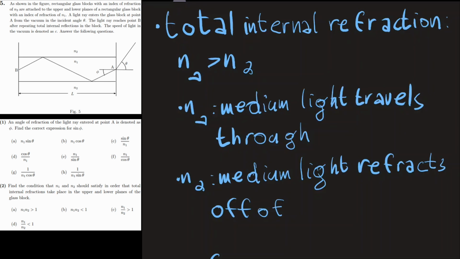And so sometimes it's called total internal reflection. I think total internal refraction and total internal reflection mean the same thing. They're used interchangeably. But basically, for it to even be possible, you need that n1 is greater than n2, where n1 is the medium that the light is traveling through, and n2 is the medium that the light refracts off of.